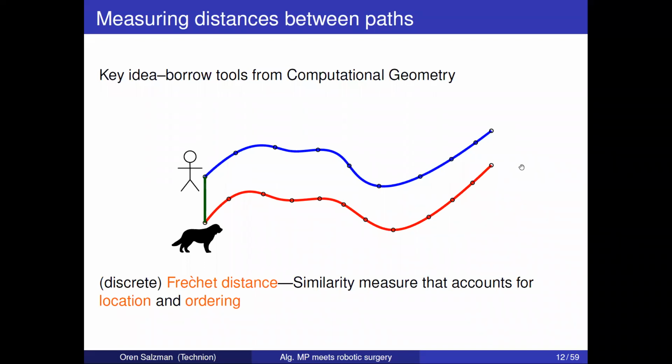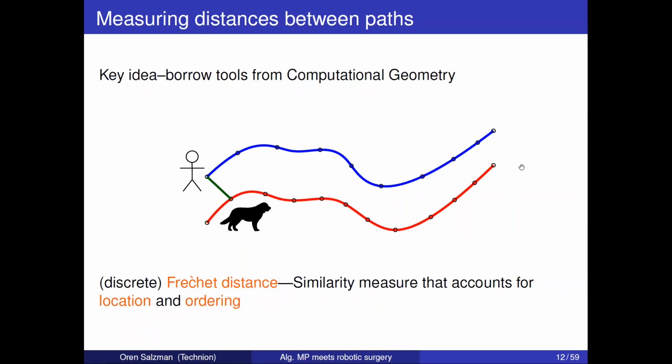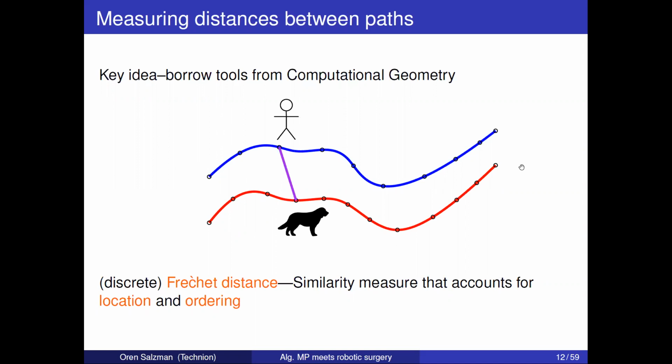So when they leave the house, there's some minimal length of the leash, and then they can coordinate their motion. So here the leash is actually shorter, and here the leash gets longer. And at some point, there's this maximal leash length that they have to use in order to stay connected. And finding the maximal leash length defines the Fréchet distance. And it's very suitable for our task because it both accounts for where we are in the path and how do we simultaneously progress along this path.